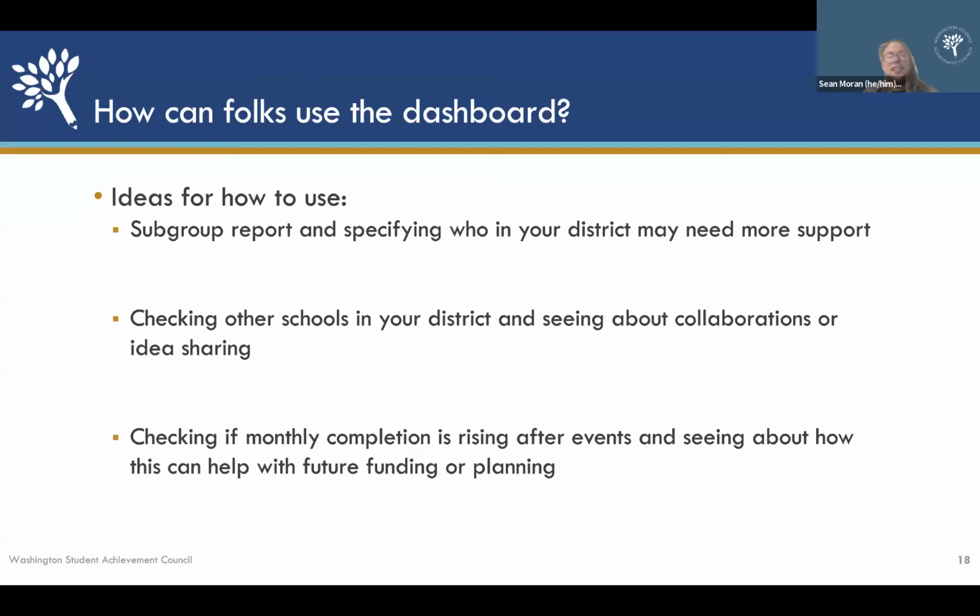Checking other schools in your district, seeing about collaborations or idea sharing. If you hear about something from another district or another school within the area, hopefully this can be something that can spark sort of partnership and maybe even moving forward with bringing some of your events together, such as with Financial Aid Advising Day, or even looking at different events where they are partnering with someone already, and maybe they might be interested in getting participation, especially in terms of the struggles with capacity as well as finances, funding.